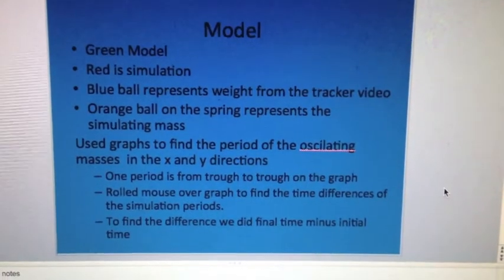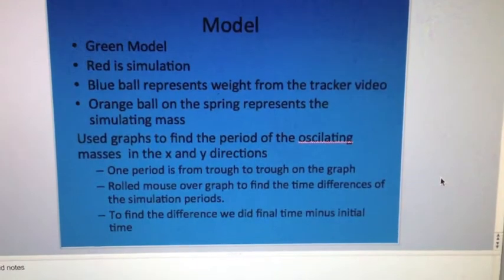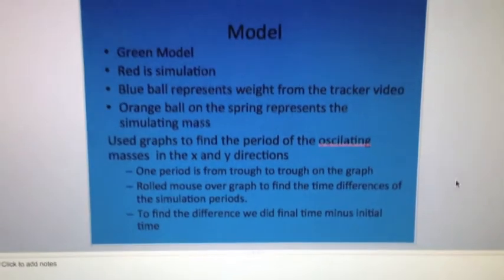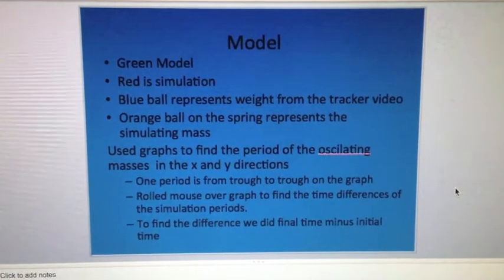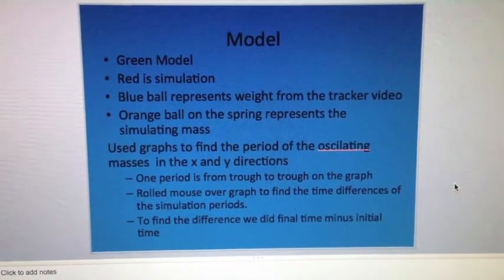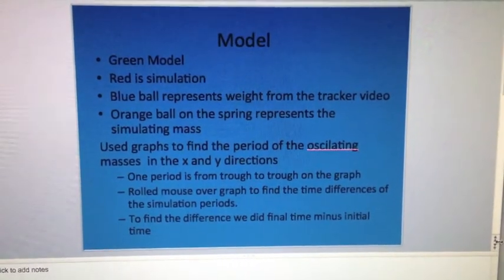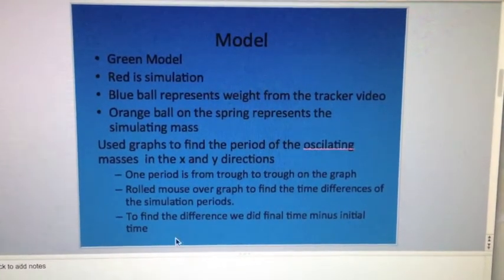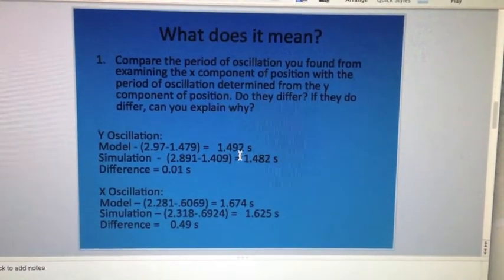So we use these graphs to find the period of oscillating masses in the X and Y directions. We used one max point to another max point, which is from trough to trough on the graph, and we rolled our mouse over the graph to find the different time differences of these simulation periods. So that answered our first question.